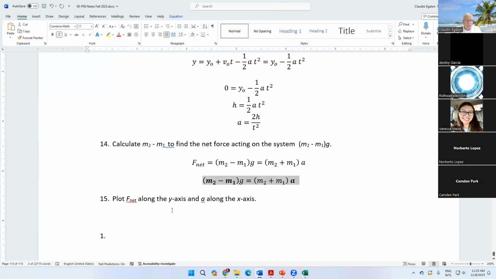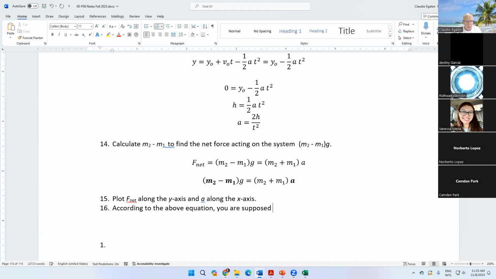According to this equation, you're supposed to get a straight line with m1 plus m2 as the slope. Okay, that's what you have to do.